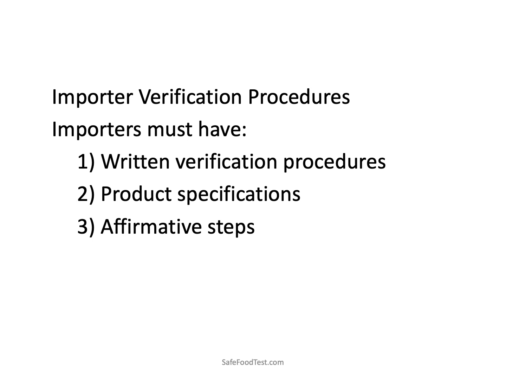Importer verification procedures must have written procedures, product specifications, and an affirmative step. Product specifications include biological, chemical, and physical hazards identified for that product, and what this foreign supplier has done to control these hazards.